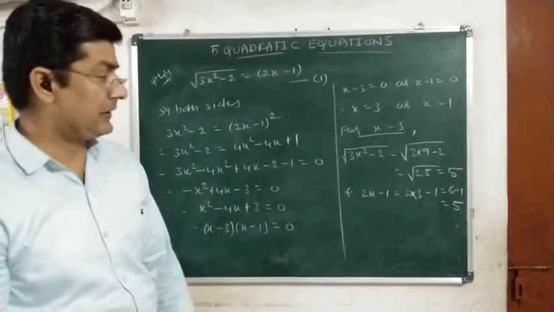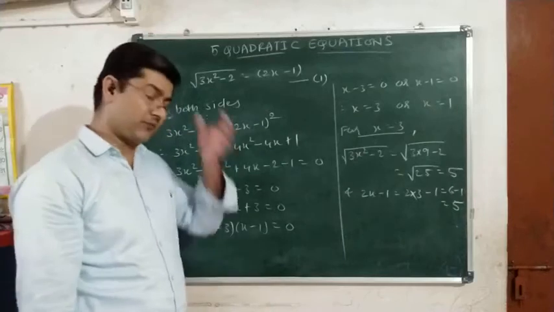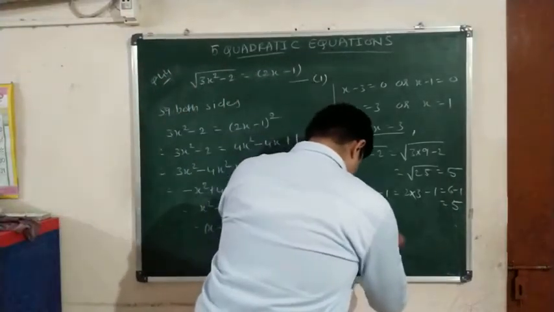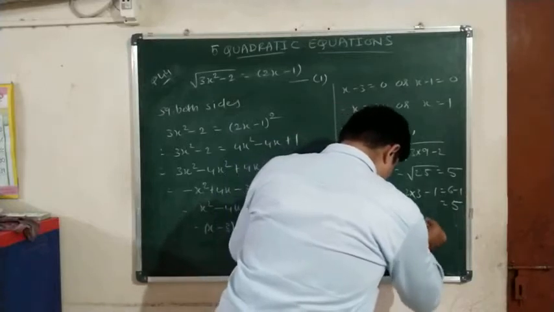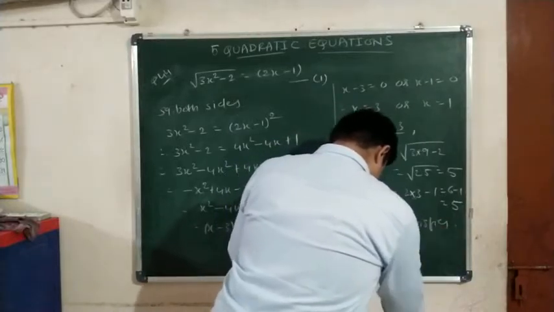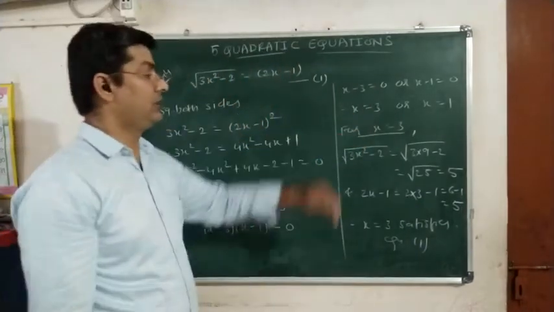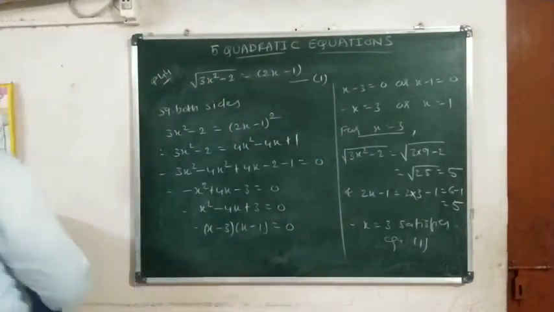Yes or no? Therefore x is equal to 3 satisfies equation 1. Now let us check the second value, that is x is equal to 1.